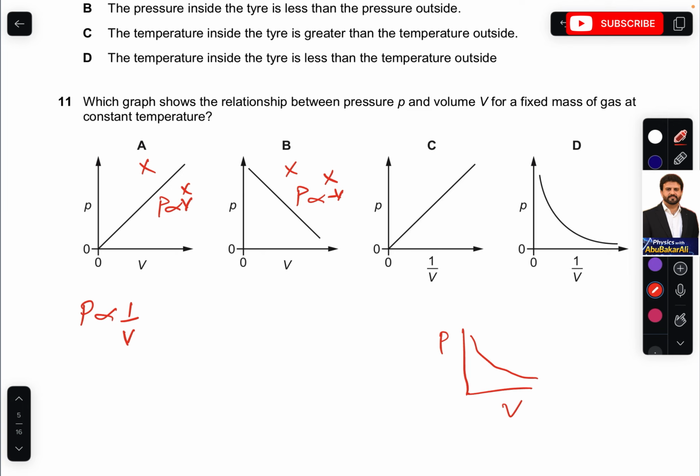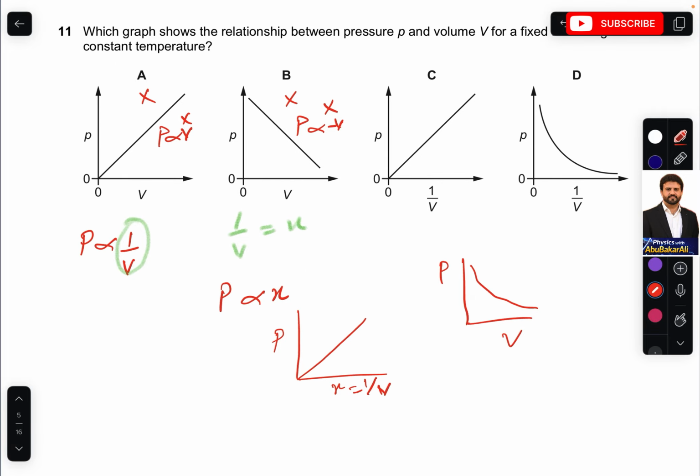But you're taking this thing as a single variable. So let's suppose I say 1 over V is equal to X. So it means P is proportional to X. So if I have to plot this thing, I will plot P and X. So it will be a straight line. And this X is 1 by V. Okay, so C option is correct in that case.